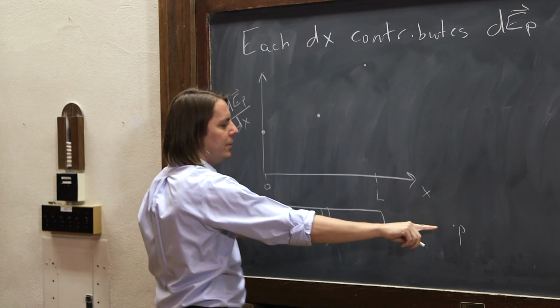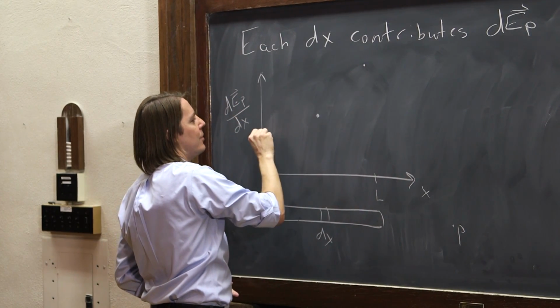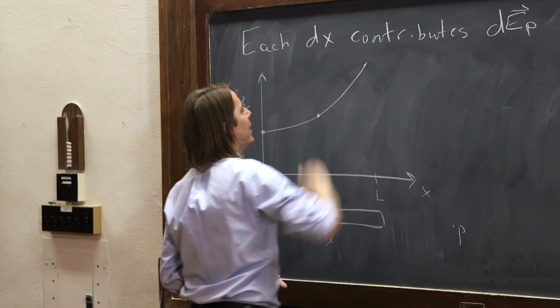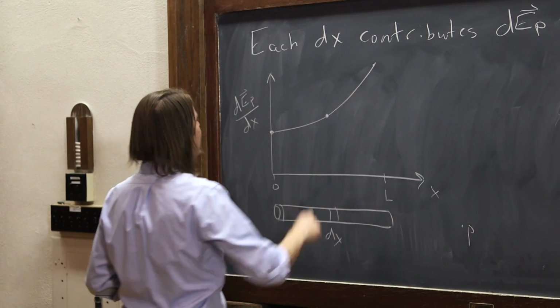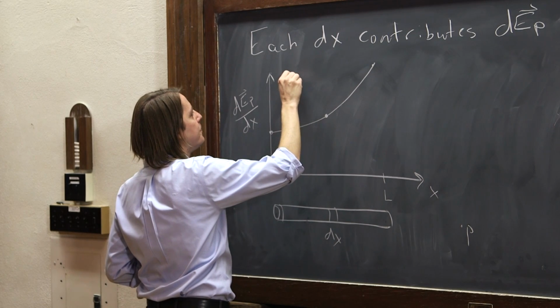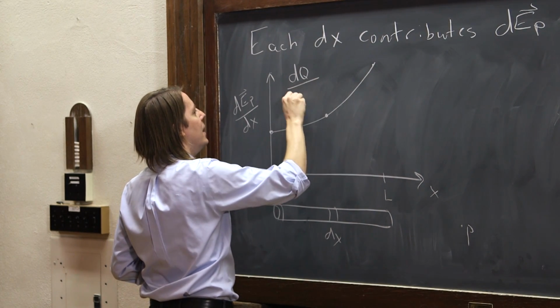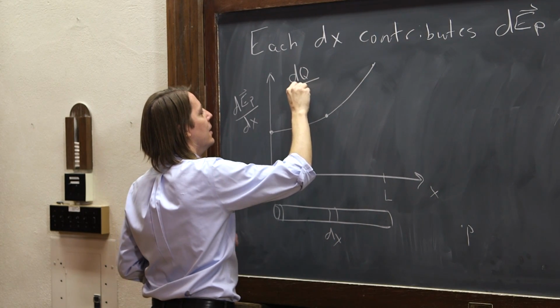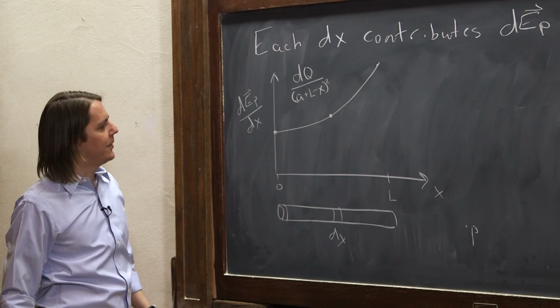It still creates a field. This dx is closer, creates a higher field. So if you were to plot it, it would look something like this. It would kind of go up like that. And actually, if you look at it mathematically and you plot it, what you're plotting is dq over what? A plus L minus x squared. You're really just plotting some function that looks like that.